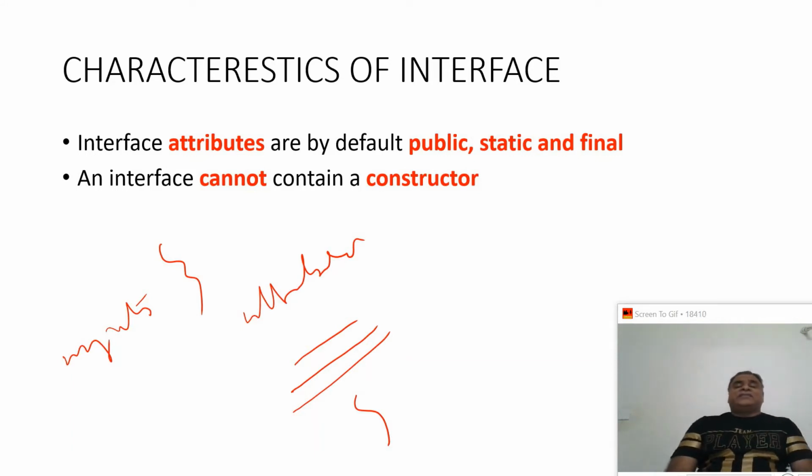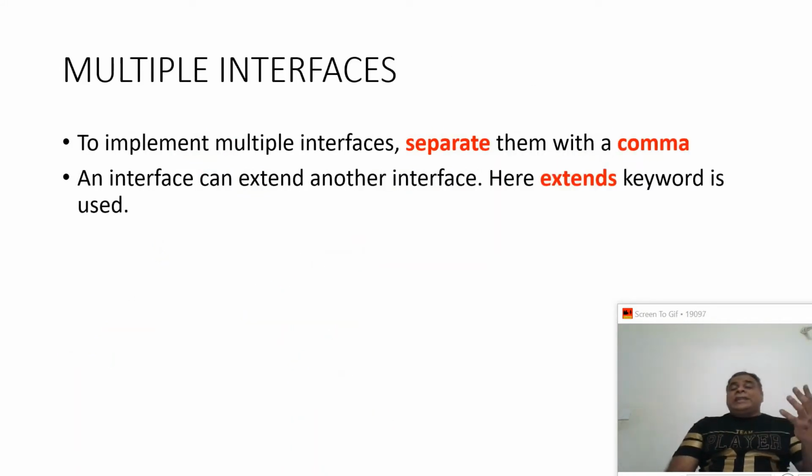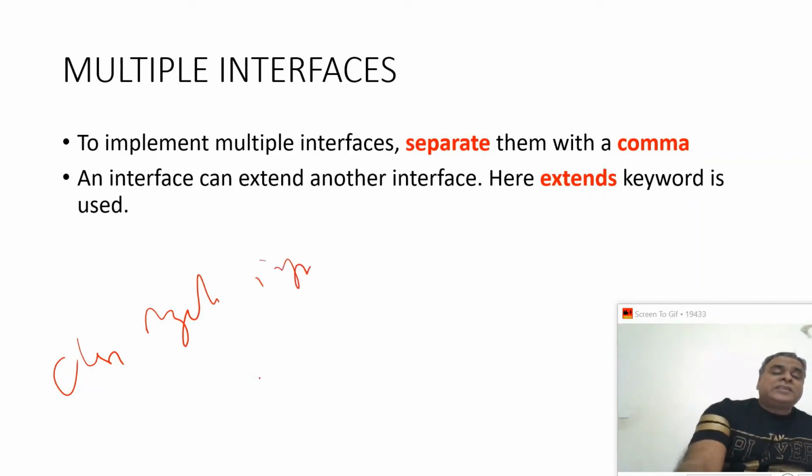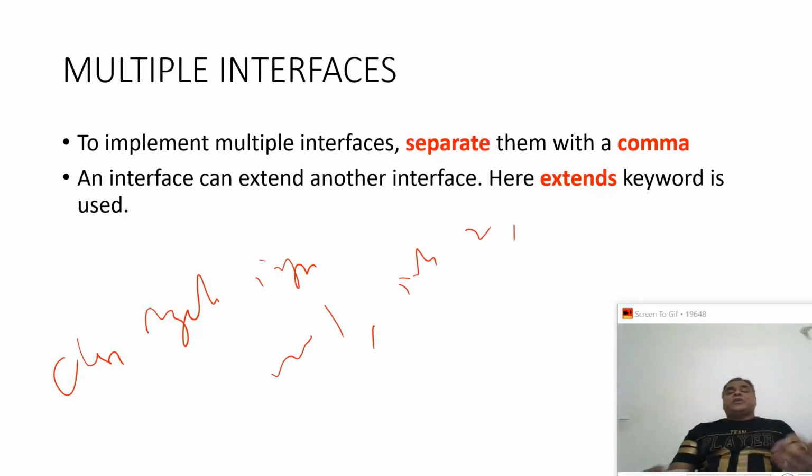An interface cannot contain a constructor. There is no constructor inside an interface. That's another characteristic. Next, you can implement multiple interfaces. I have my class, and it can implement multiple interfaces: interface 1 comma interface 2, like that. An interface can extend another interface.